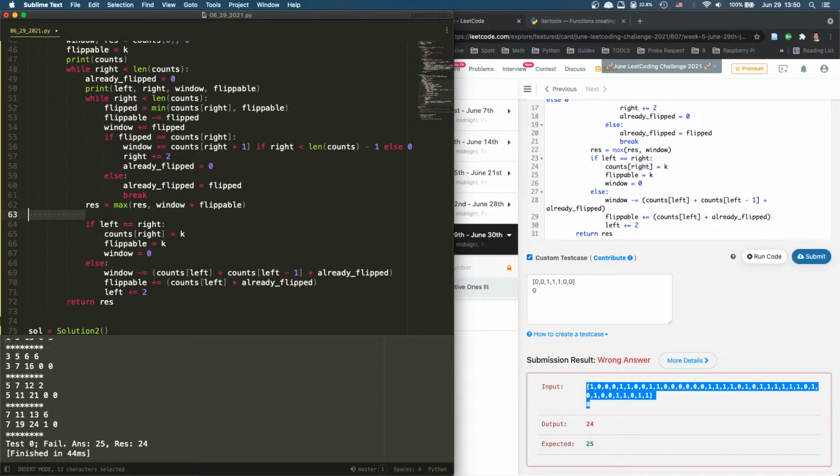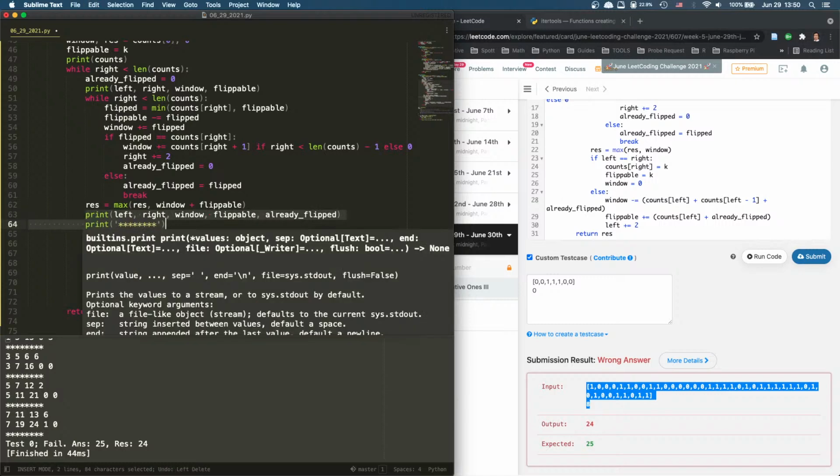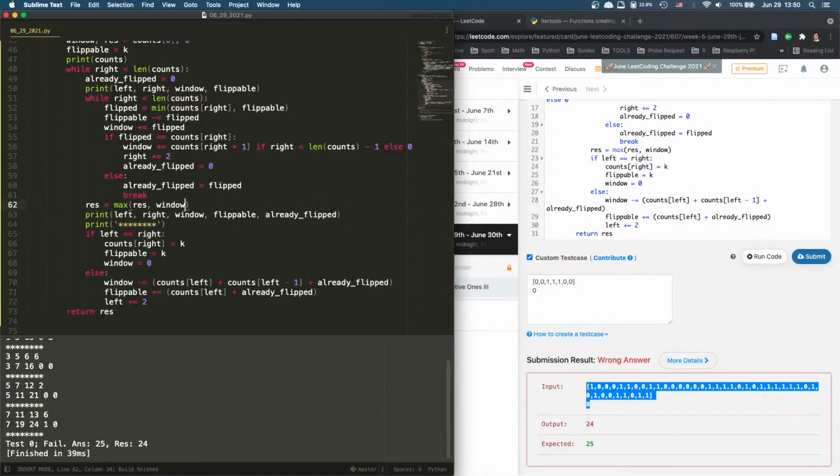But hold on, is that correct? We add 19, right, left, right, is at 19. Hold up. Don't make too quick a judgment. So the start is 7 and 11. So one is 7, the other is at 11. 7 and 11 we have Windows 13. Flippable is 6. We have 6 to flip.